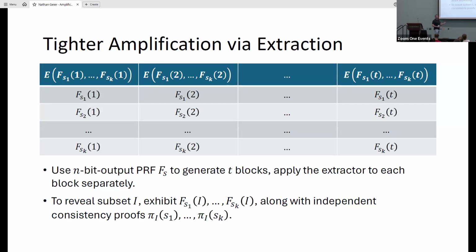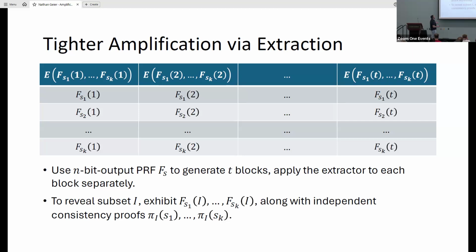You should think of t as just some polynomial, maybe n to the power of 7. For every row, we are going to apply the PRF with the corresponding seed on all natural numbers between 1 and t. So for every hidden bit, we generate a pseudo-random block of size n, and we do this for every seed.